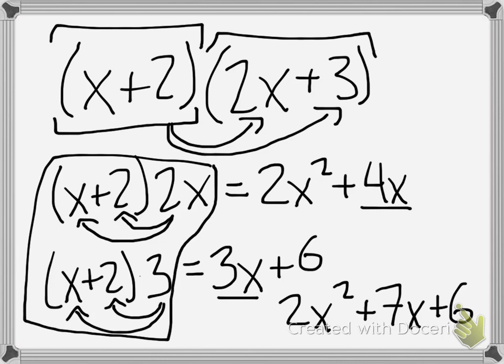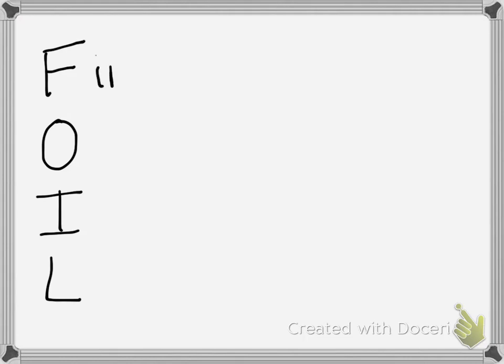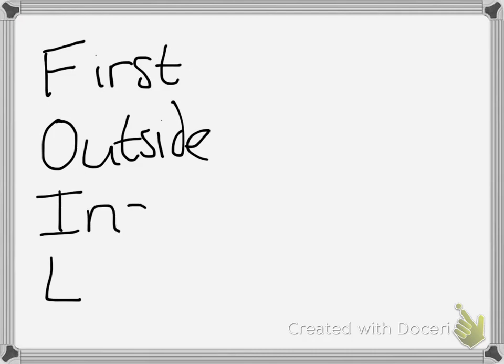Let's rewrite this example. I have x plus 2 times 2x plus 3. You may, in the past, have heard an acronym called FOIL. It's abbreviation for first, outside, inside, last.